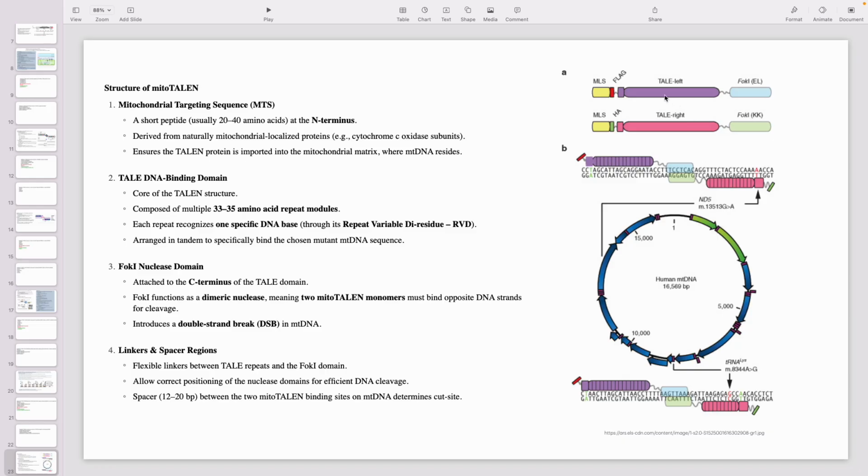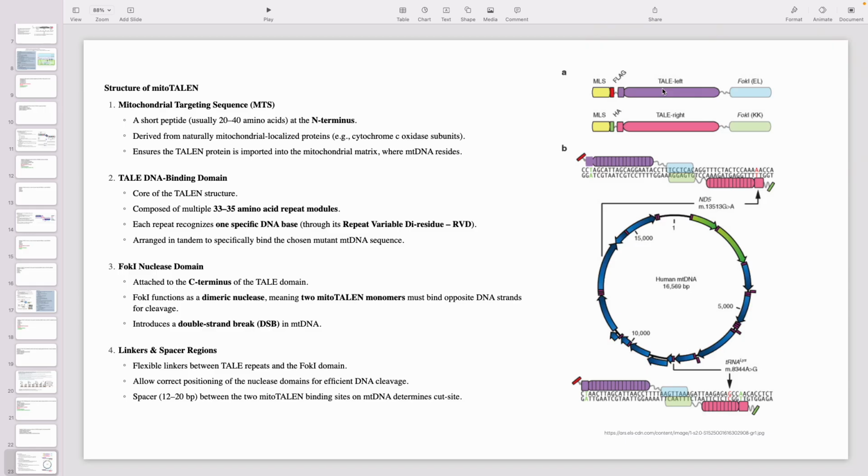Like the previous structure, these mitoTALENs have the TAL DNA binding domain, which is the core of the TALEN structure. It is composed of around 33 to 35 amino acid repeats, and each repeat recognizes one specific DNA base.